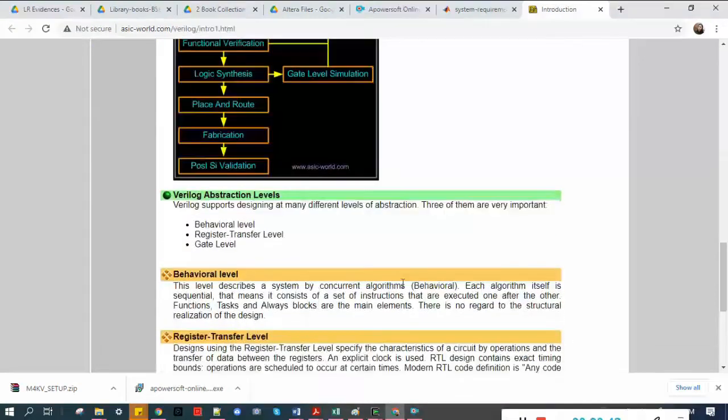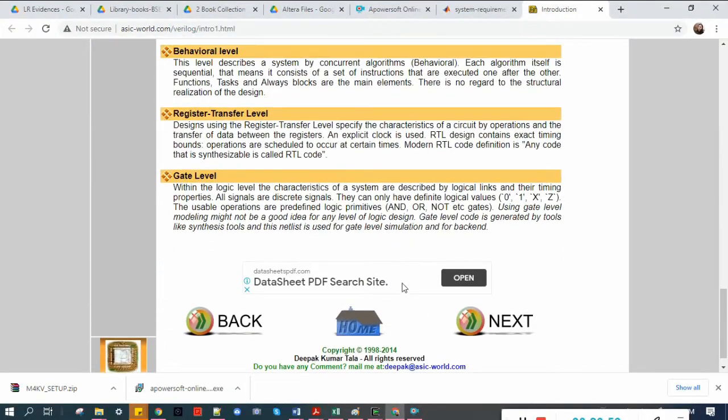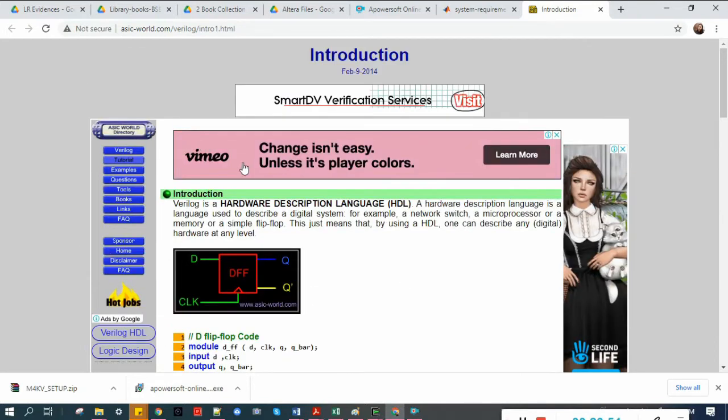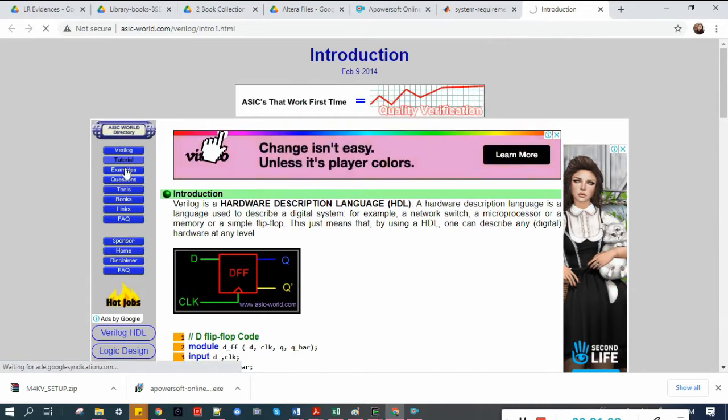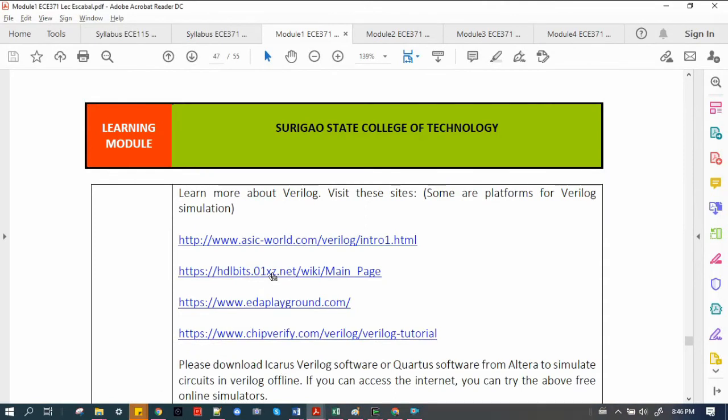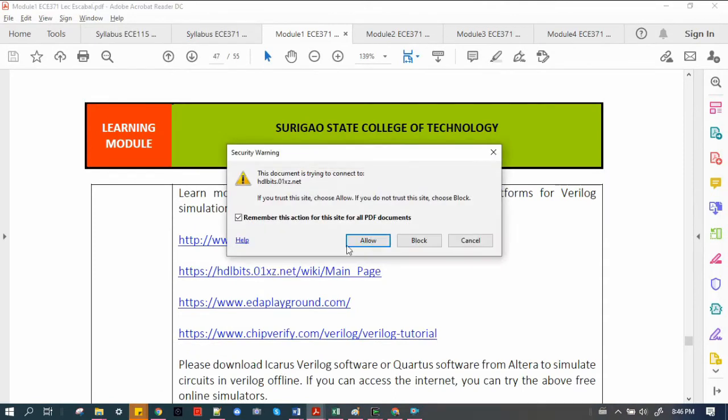You can check this website, asicworld.com/Verilog. It has a tutorial, examples. And let's go to this one, HDL bits.